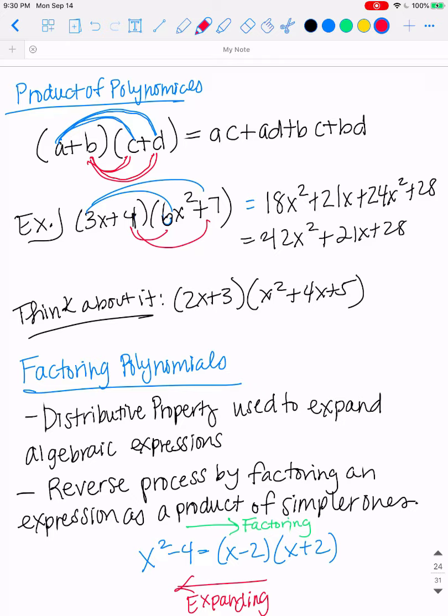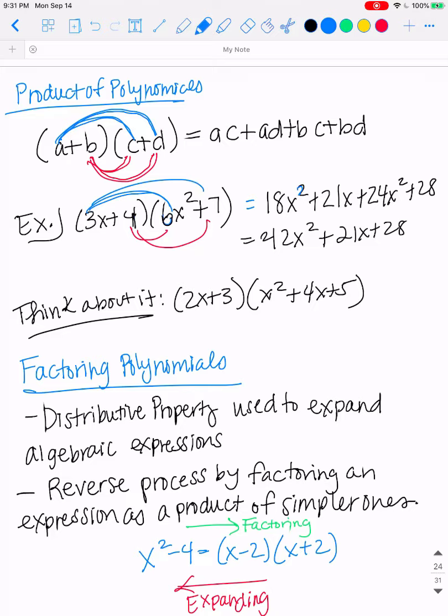Our example is (3x plus 4)(6x squared plus 7). I do the blue first, so I'm doing 3x times 6x squared. That's 18x. Oops, that's supposed to be cubed.